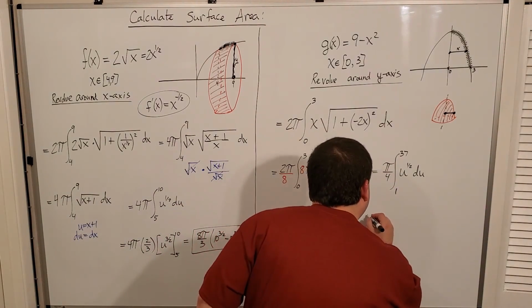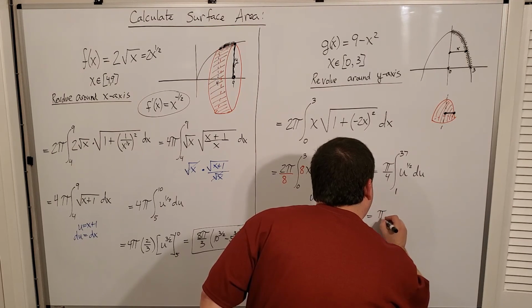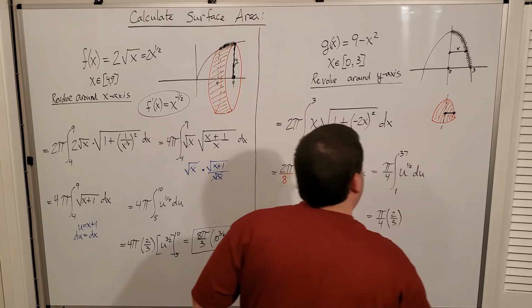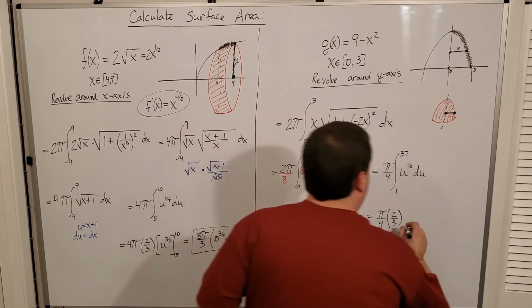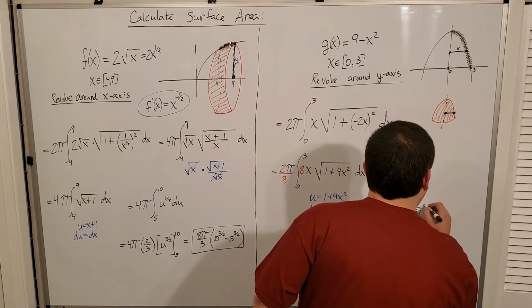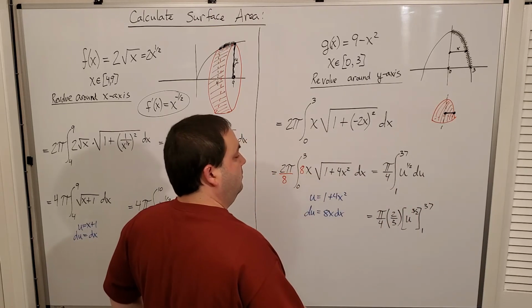Alrighty. So then I've got pi over 4 times 2 over 3, u to the 3/2 from 1 to 37.